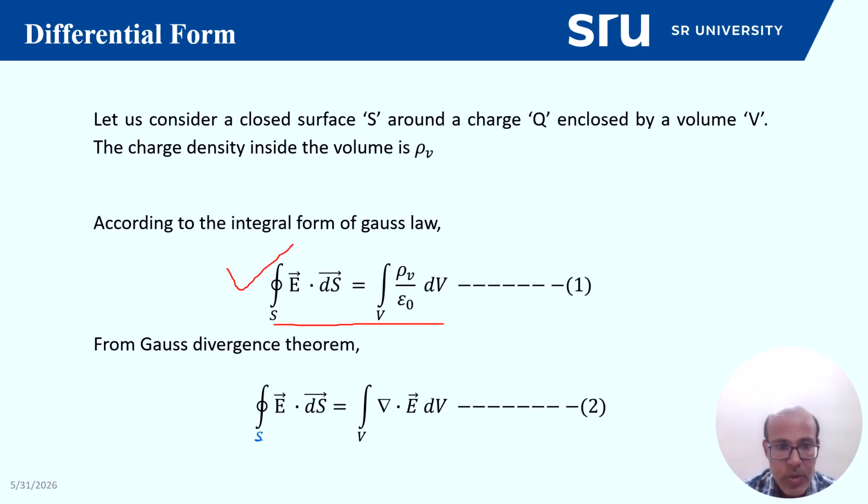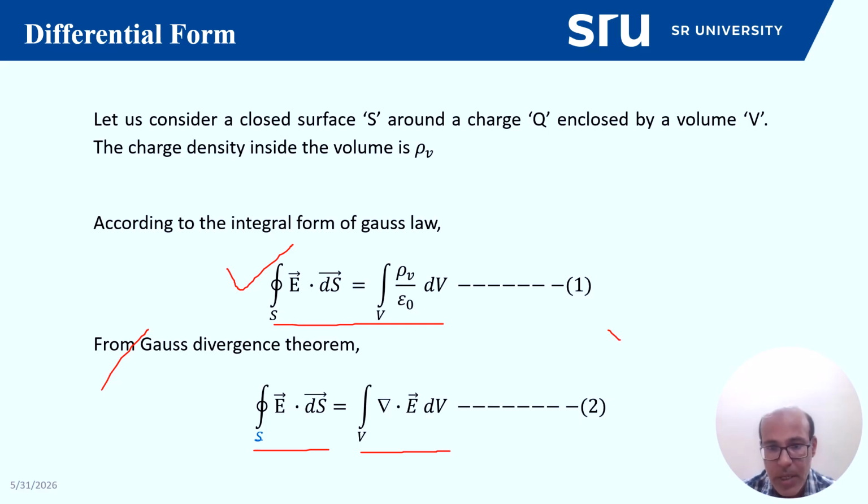Now we are using the Gauss divergence theorem. Essentially, the Gauss divergence theorem gives the relationship between surface and volume integral. Let A be any vector, we can write integral over the closed surface A dS equals, over the volume, del dot A dv.